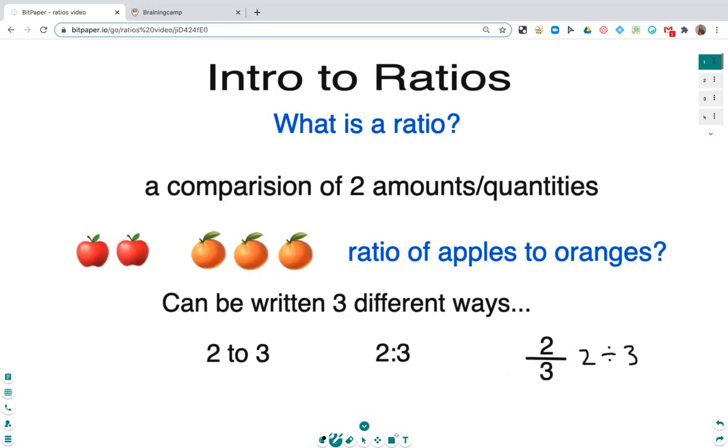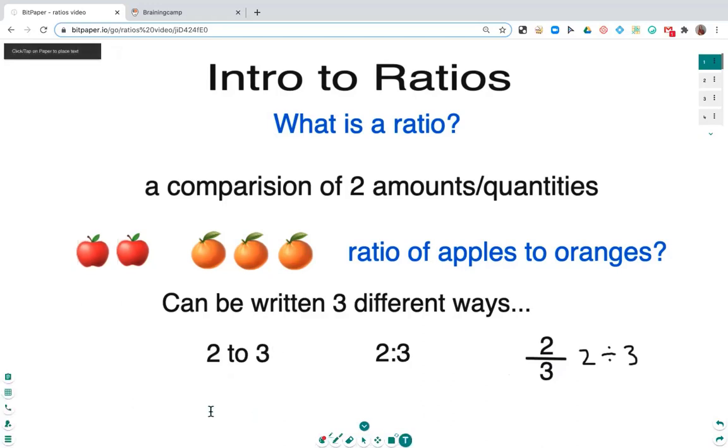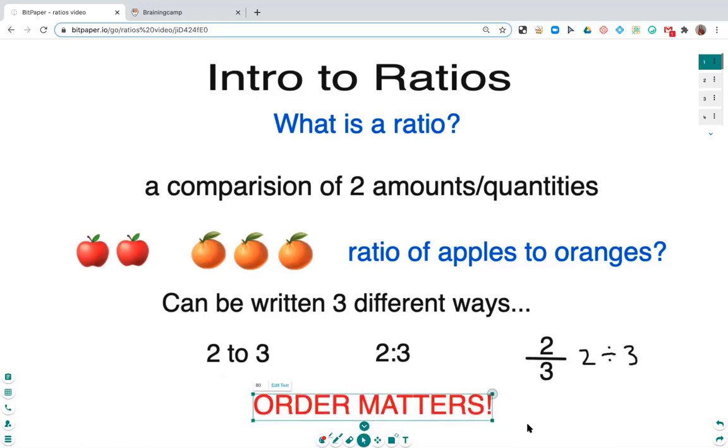Now, another important note that I'm going to add is that with ratios, order matters. For example, if I had switched this to be the ratio of oranges to apples, well, no longer is this going to be 2 to 3.